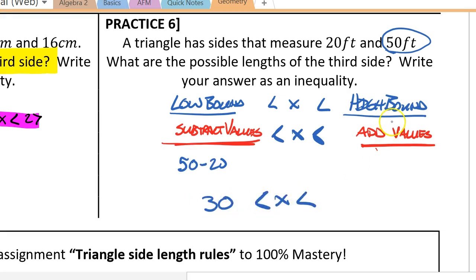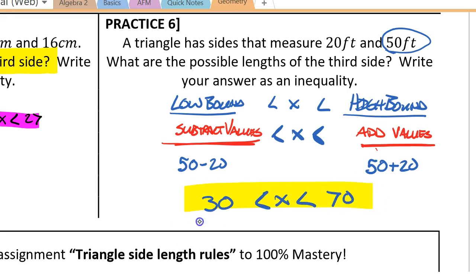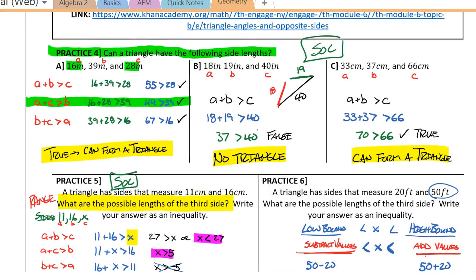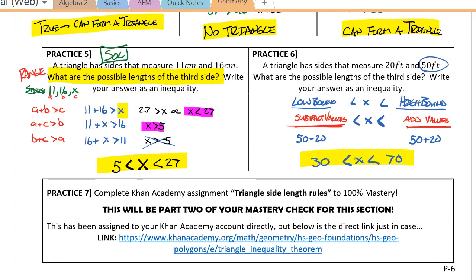And for the higher bound, what I'm doing is I'm assuming that the unknown side, x, is actually the biggest side. So I'm going to add these together, 50 plus 20, which gives me an answer of 70. This again is just taking the important pieces out of the triangle inequality that we had set up originally, where we set up all three inequalities. We're just getting to the answer a little bit quicker.